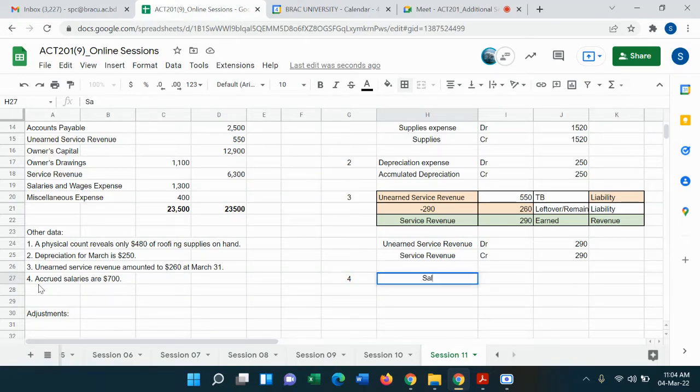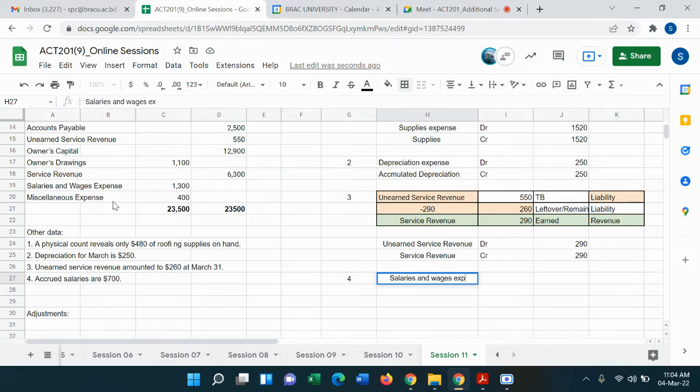So salary expense debit, salary payable. Exactly. And if you notice, they mention salaries and wages expense. If you can remember, we mentioned in the last session, if any account has already been created by the organization, we have to follow that title.